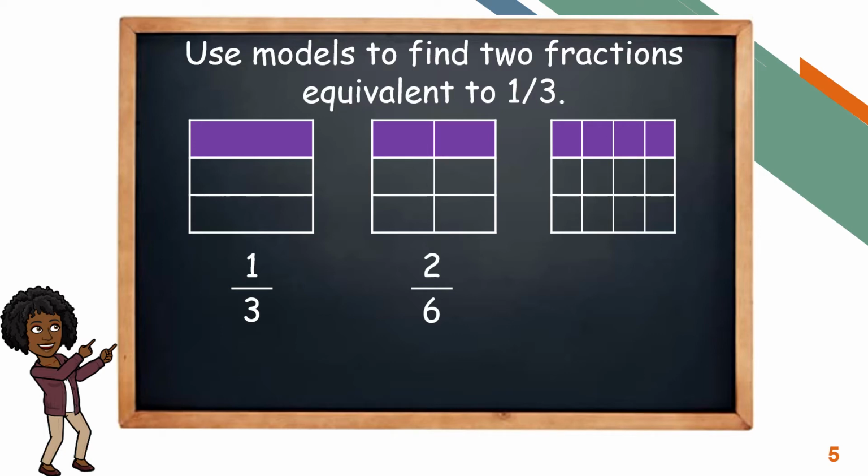The third model is divided into 12 equal parts and 4 parts are shaded, so the third model shows 4/12. Since the model of 4/12 has the same area of the whole shaded as the models of 1/3 and 2/6, 4/12 is equivalent to 2/6 and 1/3.